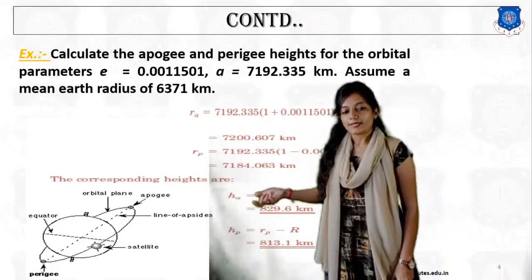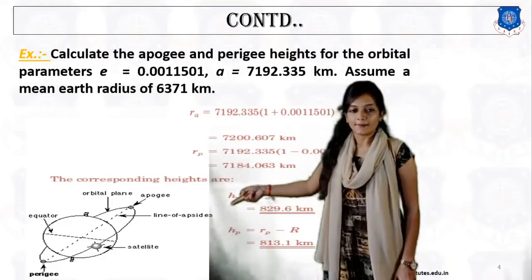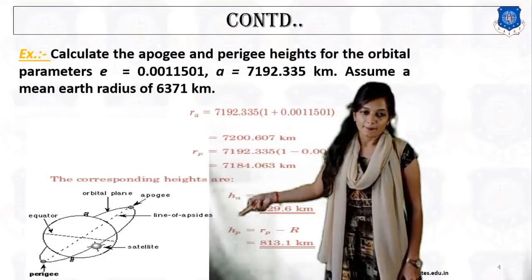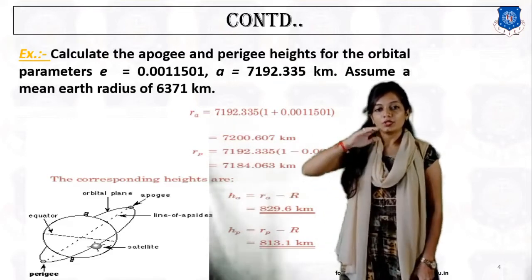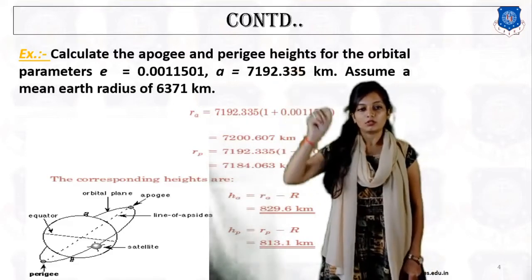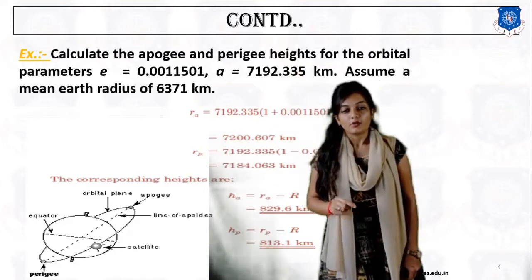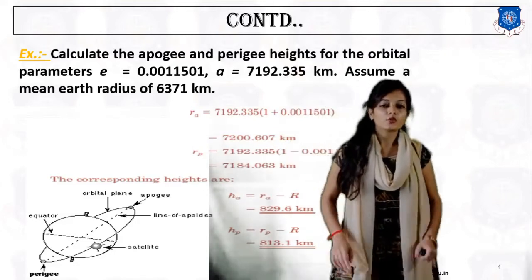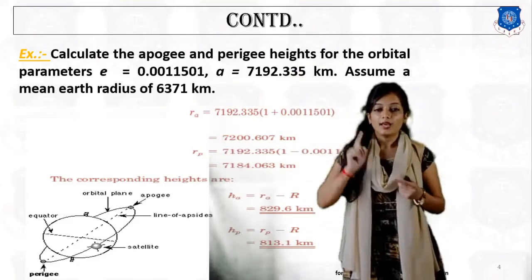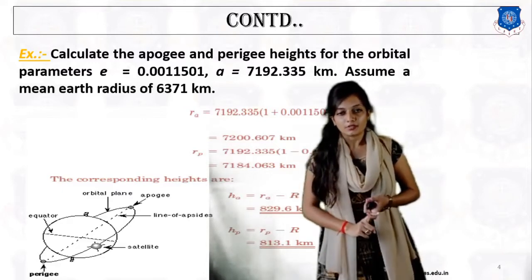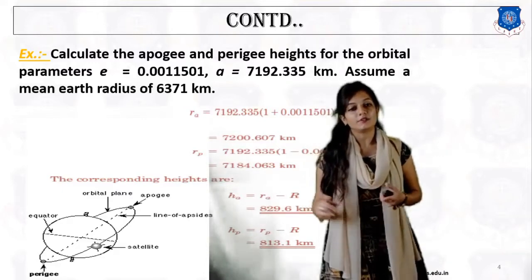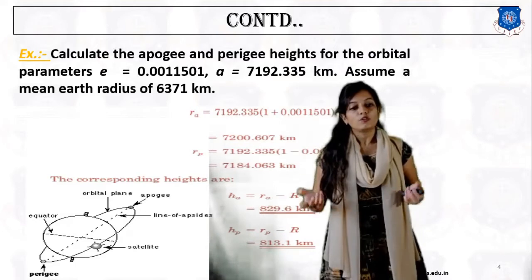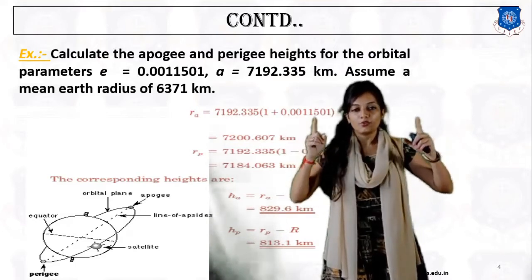It is going to be explained with the help of this diagram. We can say that from the surface of the Earth to the perigee point or apogee point is called the height, and from the center of the Earth we are able to calculate the radius. So we know the total distance, that is the radius of apogee.